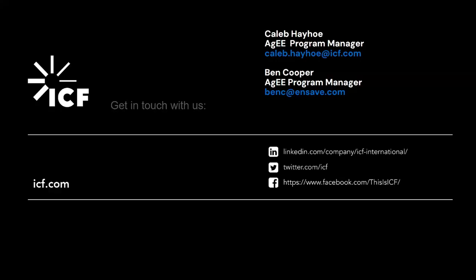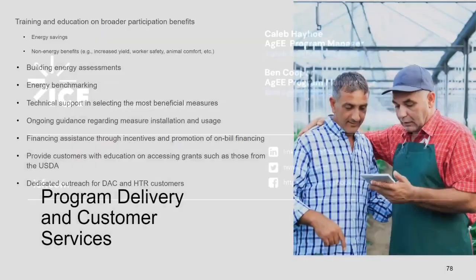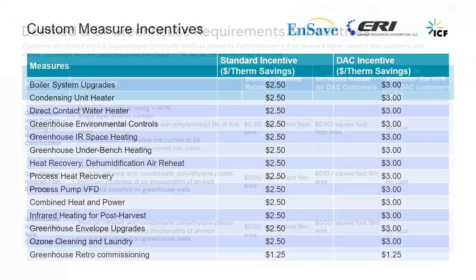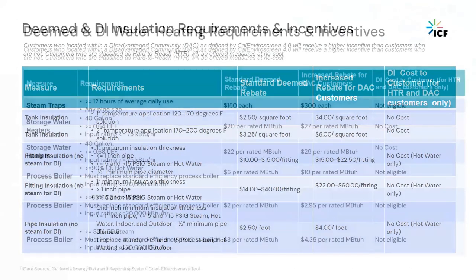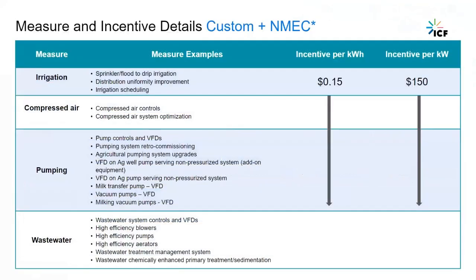Yeah, so we can offer incentives for post-harvest processing. Again, the processing has to be co-located on the farm. There's a various amount of measures that we can offer. Bryce, if you want to go back maybe to the very first slide. Some of the deemed electrical measures.